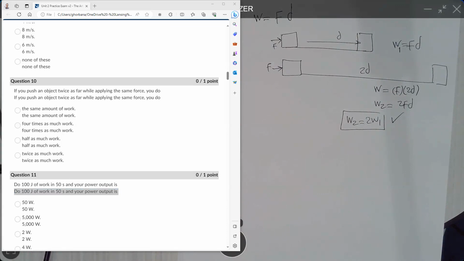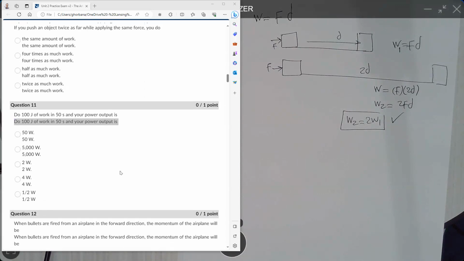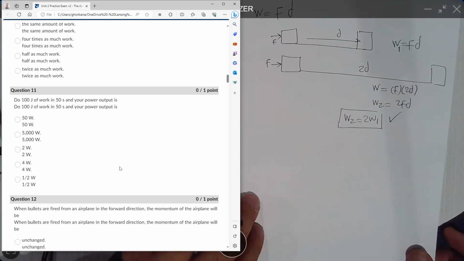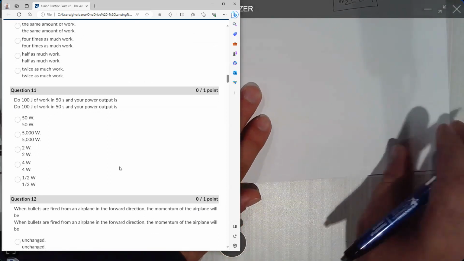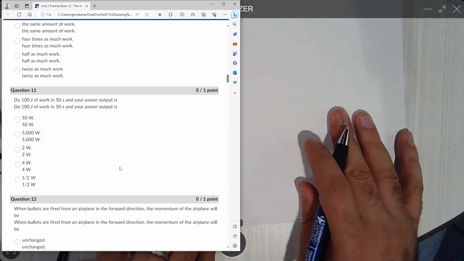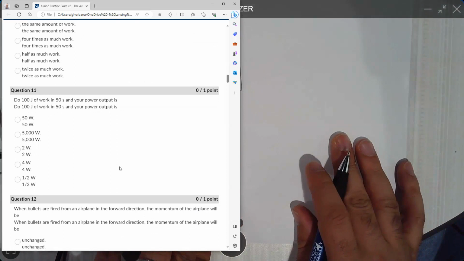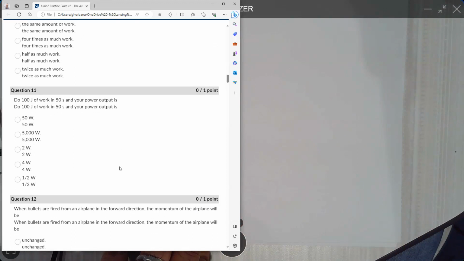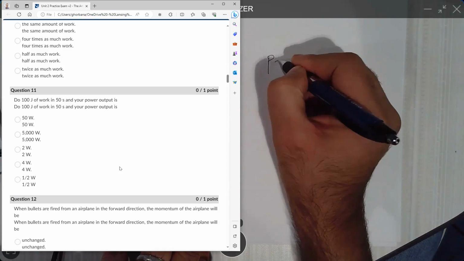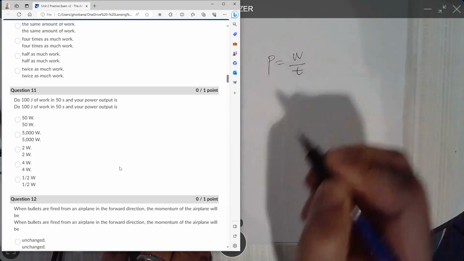So 11. 100 joule of work in 50 seconds. And what is the power? What is the power formula? Power is work over time.